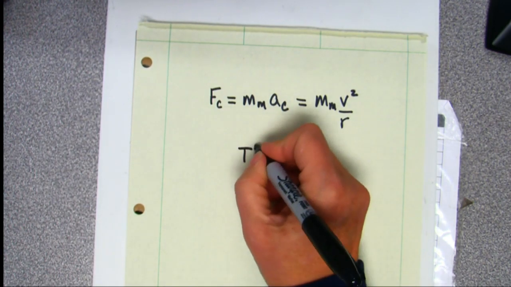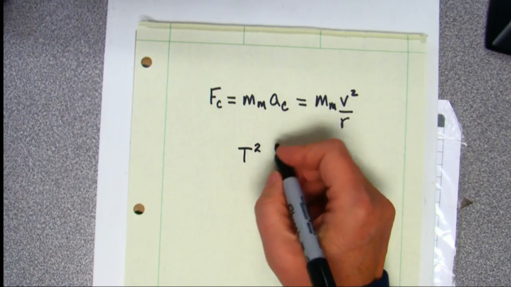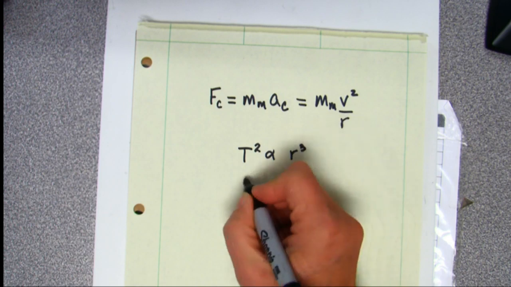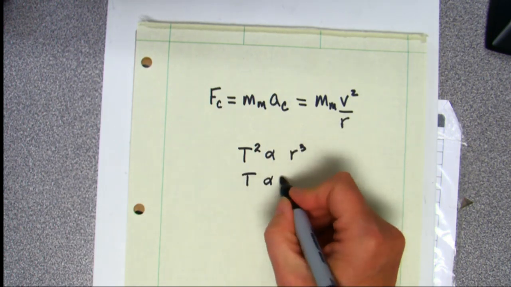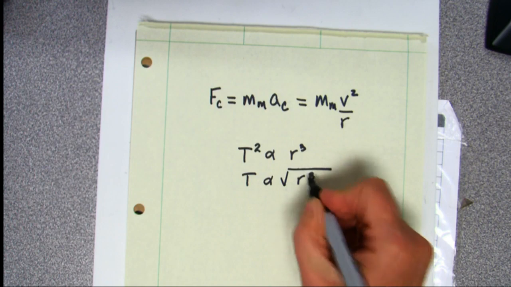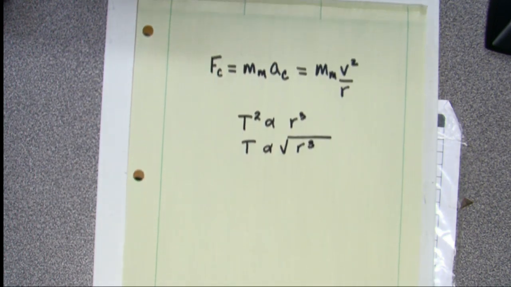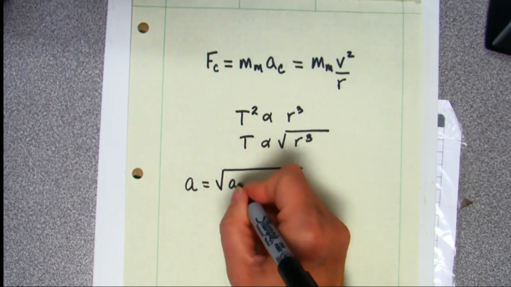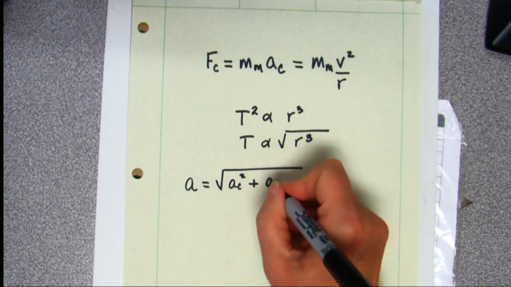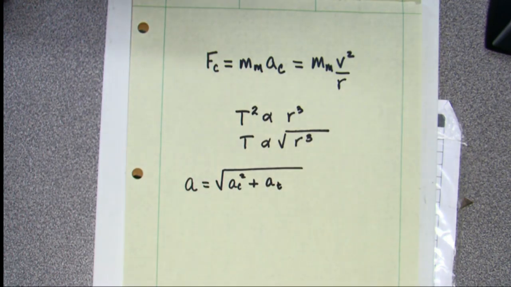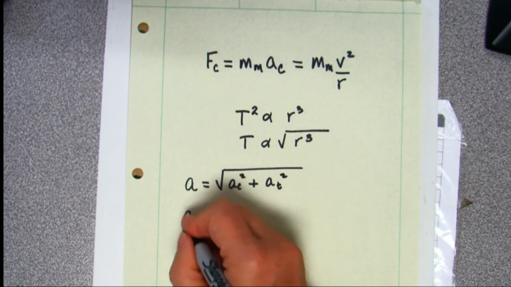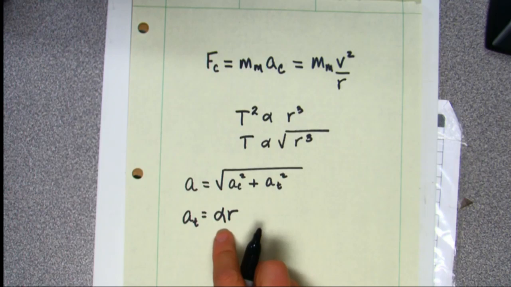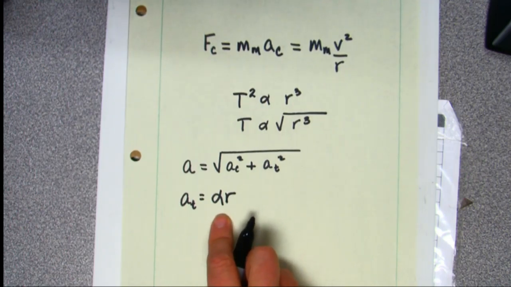And now we know from Kepler's law that T squared is proportional to our radius cubed, and our period is proportional to the square root of r cubed. Now my acceleration is going to be the centripetal acceleration squared plus the tangential acceleration squared. My tangential acceleration, which we've seen is alpha r, where that's my angular acceleration.